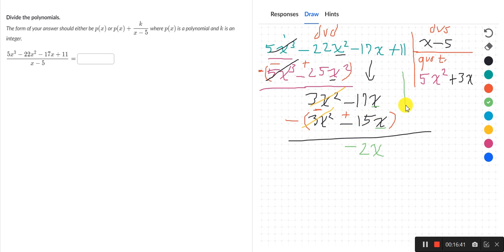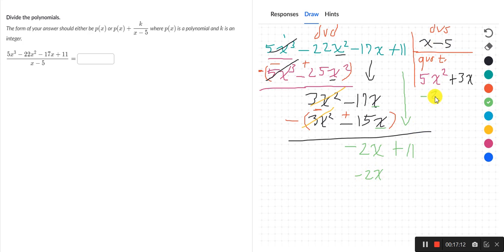And finally, you get your last one, which is 11. In this case, you have negative 2x, so let's choose negative. And I have x here, so I only need 2. So 2 times x is negative 2x. And negative 2 times x is negative 2x.